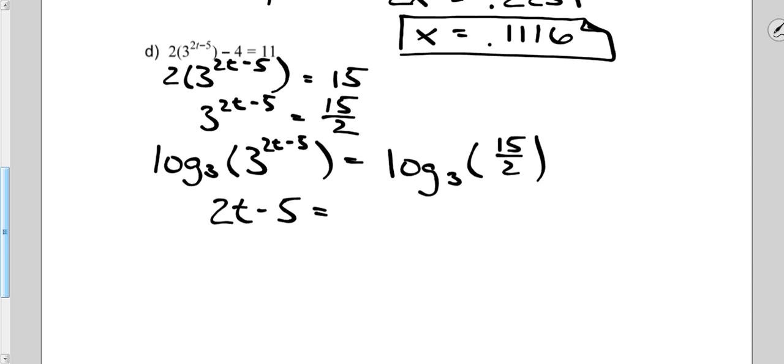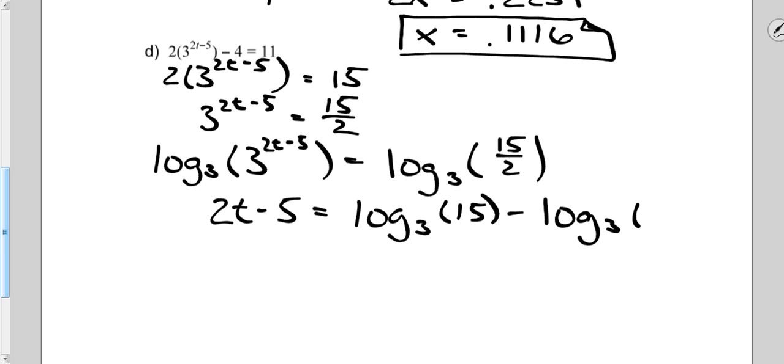Log base 3 of 15 over 2 is log base 3 of 15 minus log base 3 of 2.